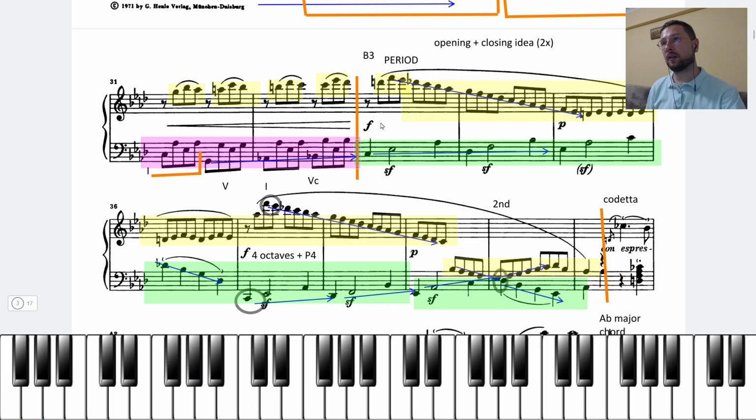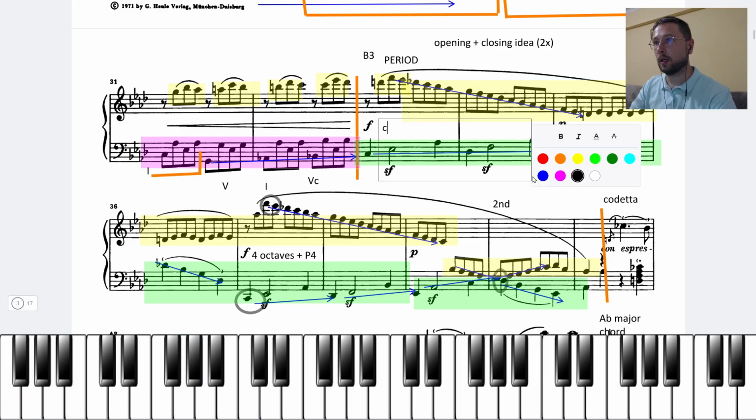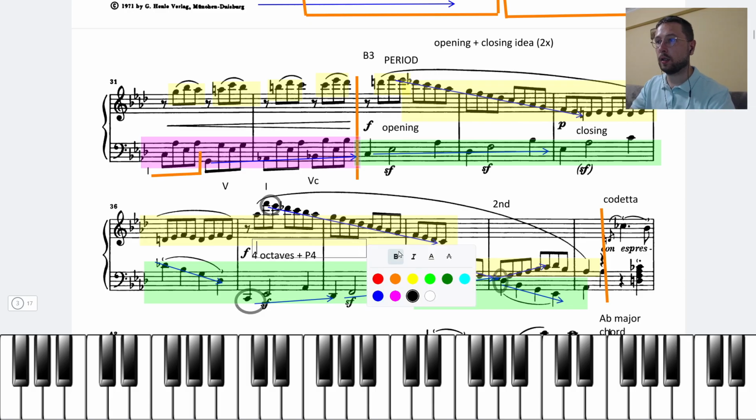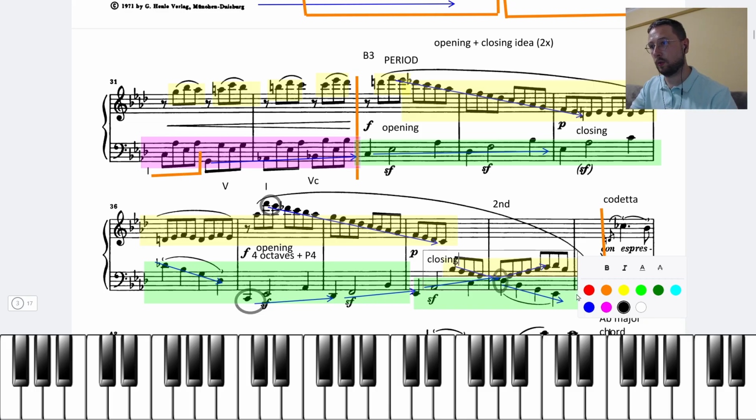Now Beethoven here clearly tells us where the opening and the closing starts, because he has opening in forte, closing in piano, opening again in forte with the same music, and closing again in piano with slightly different music.